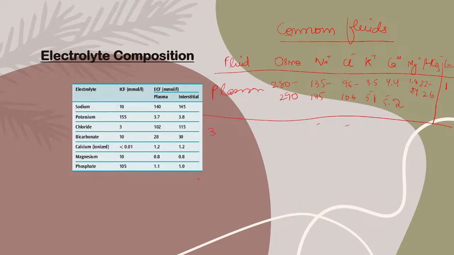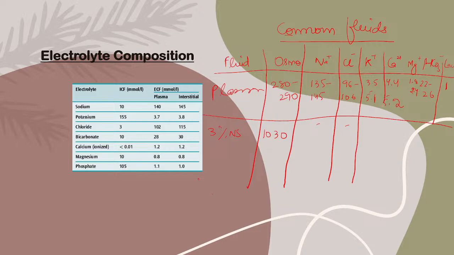For hypertonic, we will take 3% NS. The osmolality of 3% NS is around 1030, as it is a hypertonic solution.